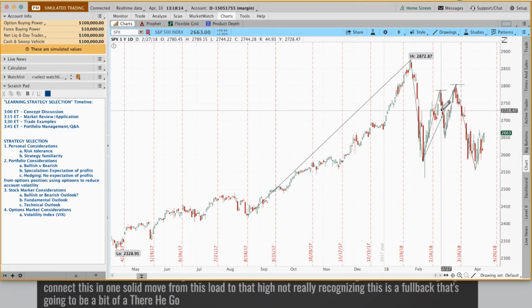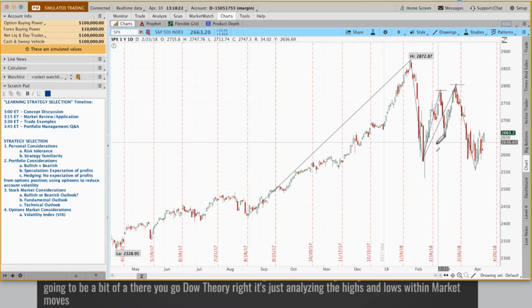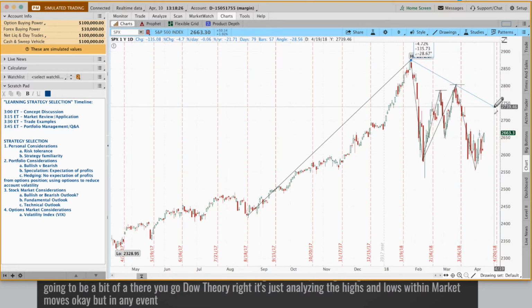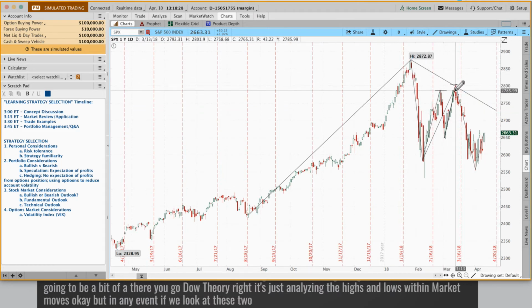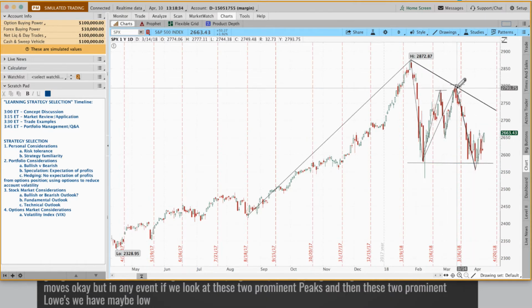Yeah, what I'm applying here, and we talked about it yesterday, is called Dow theory, right? It's just analyzing the highs and lows within market moves. But in any event, if we look at these two prominent peaks and then these two prominent lows, we have maybe lower highs and equal lows.